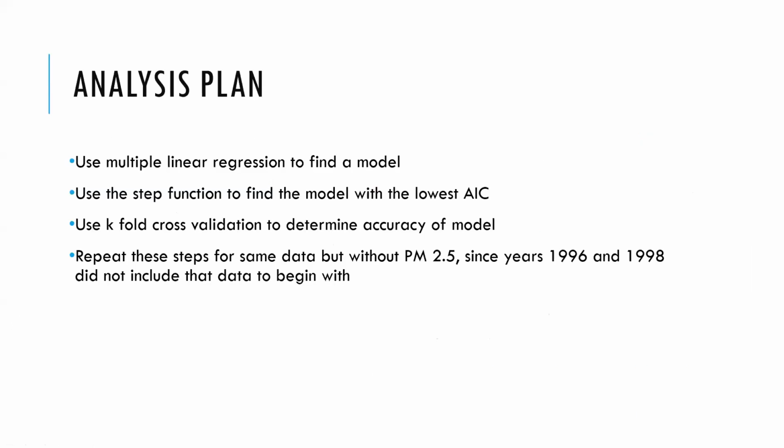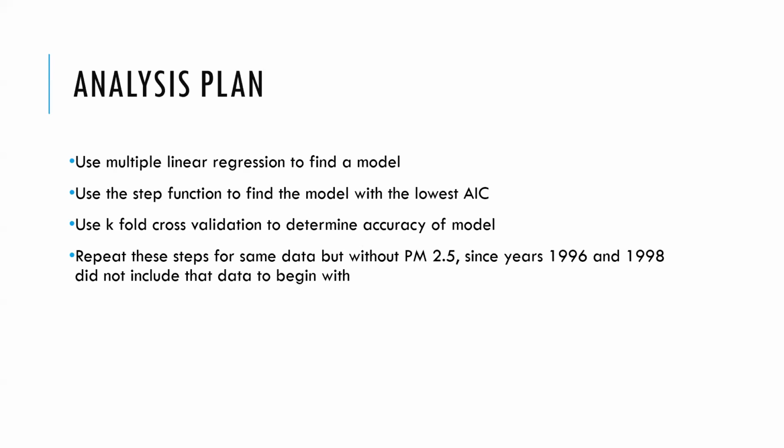So my analysis plan was to use multiple linear regression to find a model, and then use the step function to find the model with the lowest AIC, and then use k-fold cross-validation to determine the accuracy of that model. Then I ran into an issue with the 2.5 size particulate matter. In the years 1996 and 1998, the EPA didn't record those values.